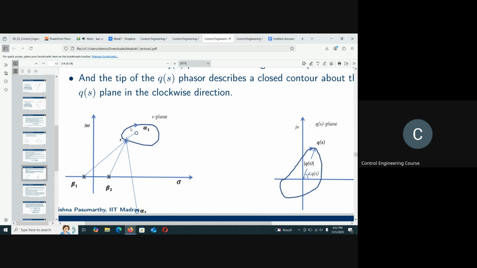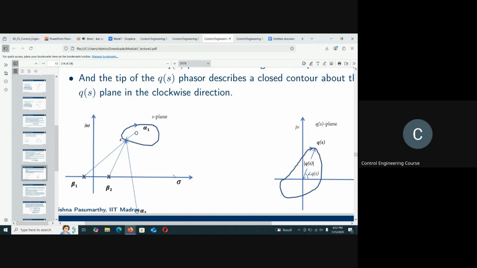Whatever you call S minus alpha or alpha minus S, you see that as the point loops around alpha clockwise once, Q of S loops around the origin clockwise once. Do you see that, right? Yes.